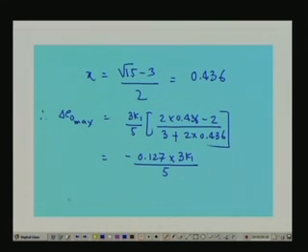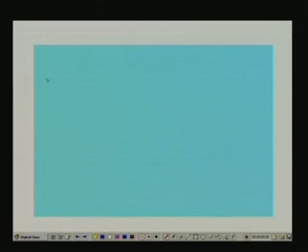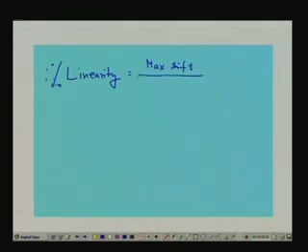Now, linearity will define. So, the percentage linearity is defined as, I should say percentage linearity equal to maximum shift divided by full scale deflection into 100. So, we will get the linearity.